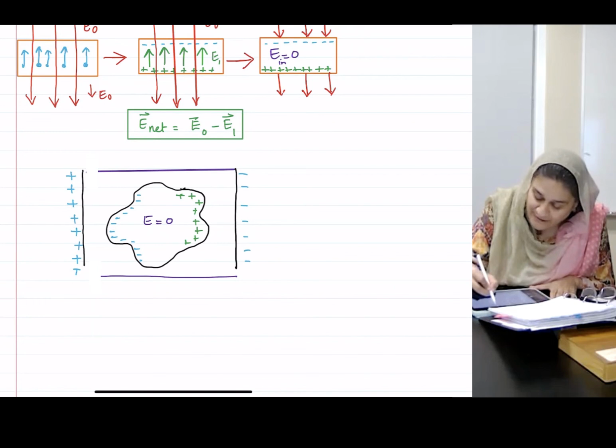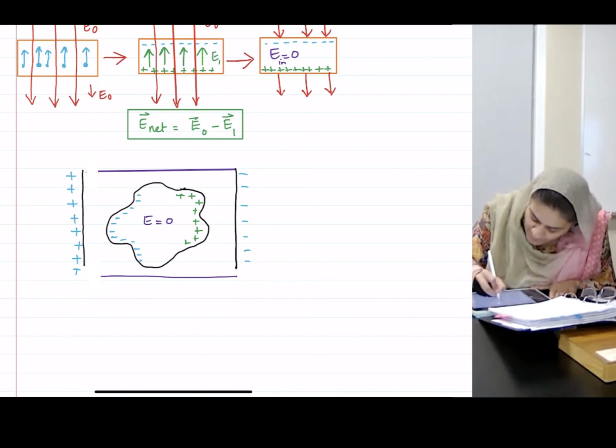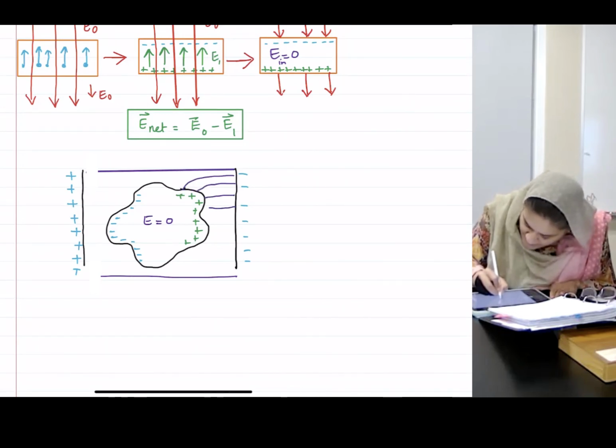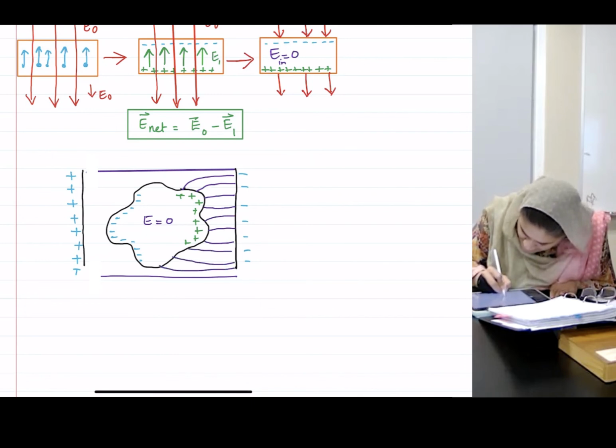And the field lines will be perpendicular to the surface, no matter what the surface looks like. This in itself always fascinates me.